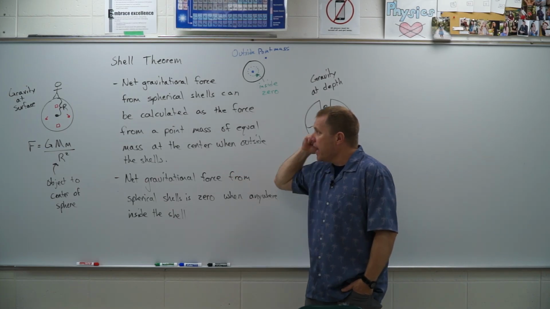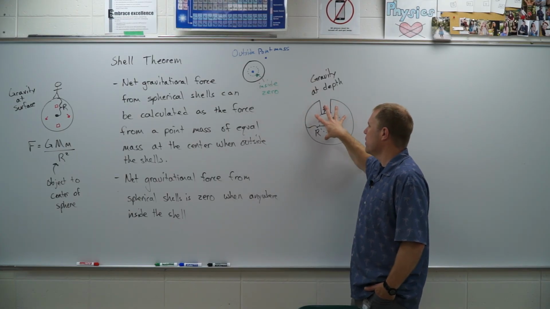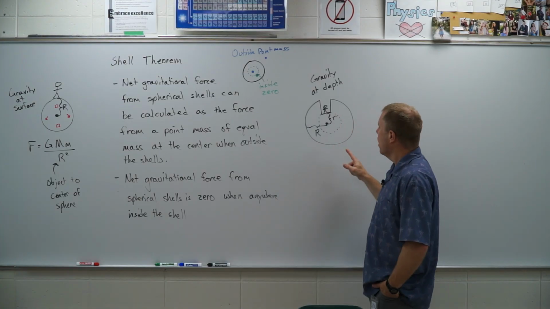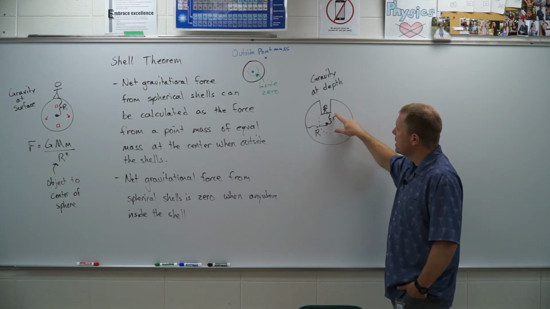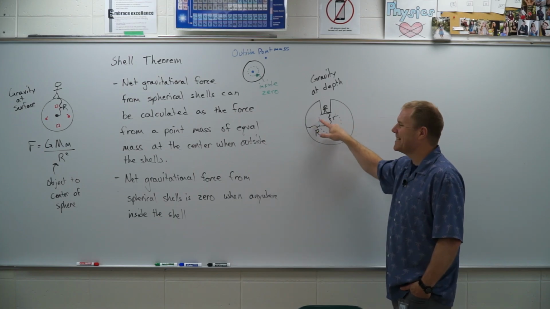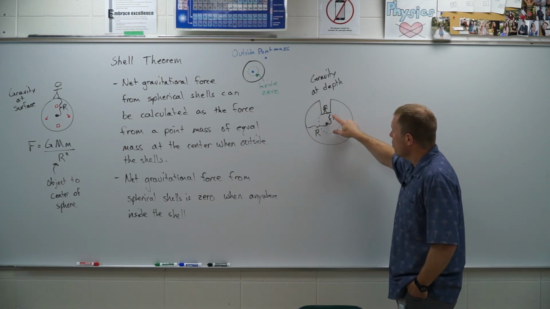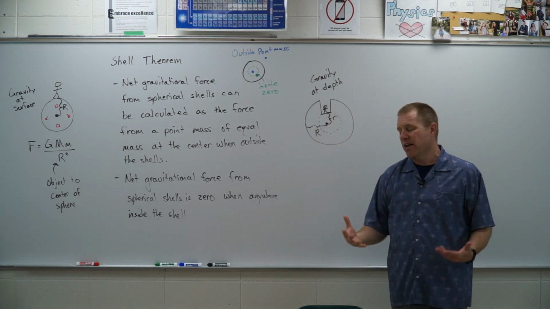So let's go ahead and talk about how this looks when we start to apply gravity at depth, or inside these shells. What you need to think is the only thing that's producing any gravitational force is the mass that's below you, anything you're outside of, because everything that you're inside of, this entire outer shell, has a net force of zero.